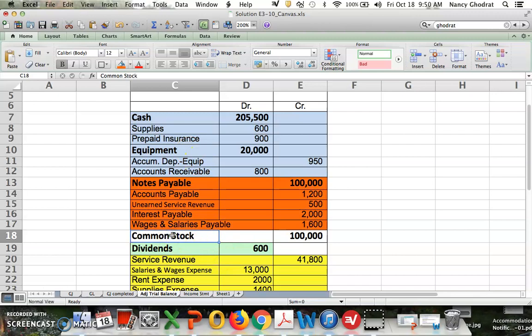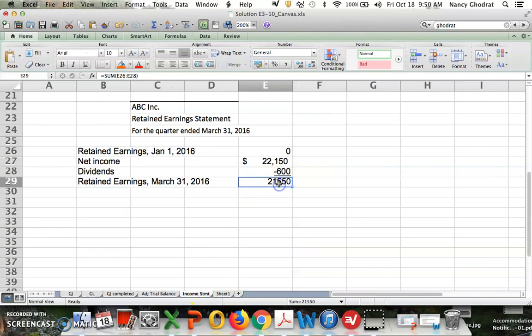Then you're going to show in your balance sheet the amount of common stock, which will show up under the stockholders' equity section, and also your retained earnings balance as of March 31st. So assets come first in your balance sheet, and you have to list them one by one.